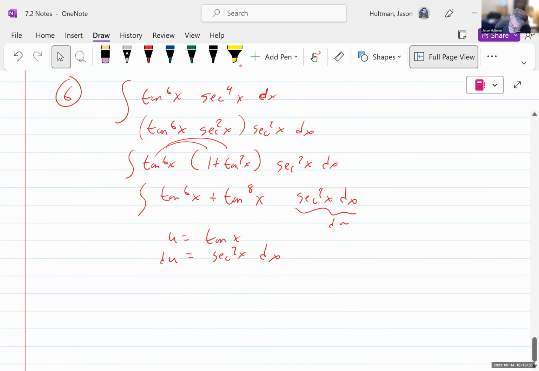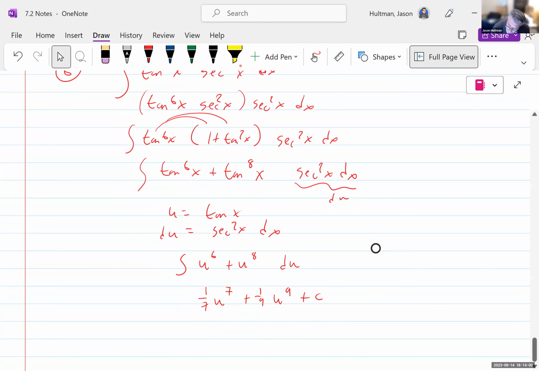Okay, and so we just have the integral of u to the 6th plus u to the 8th du. Make sure I'm doing this right. I don't want to screw it up. Looks good. Perfect. So this is 1/7 u to the 7th plus 1/9 u to the 9th plus c.